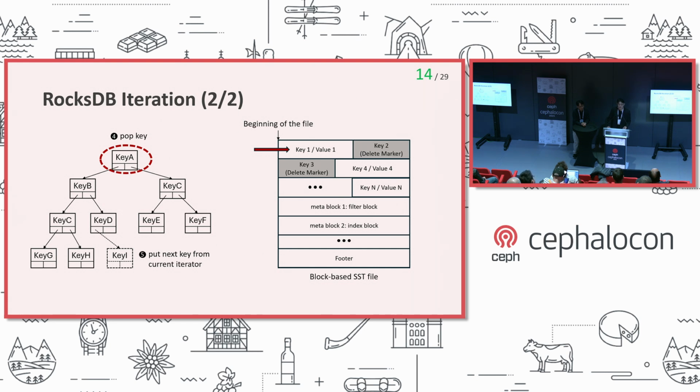To fetch the next key, the iterator checks keys 2 and 3, but since they are delete markers, it skips them and moves on to key 4. Since the SST file is stored on disk, RocksDB iteration requires frequent disk I/O and involves substantial string parsing.